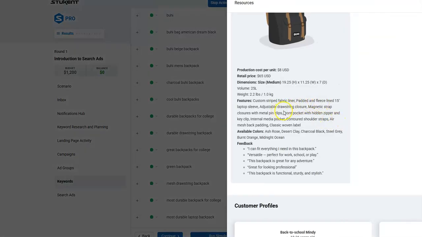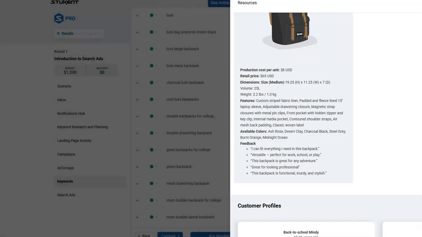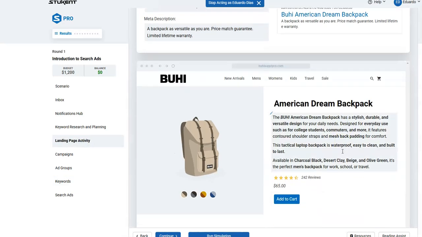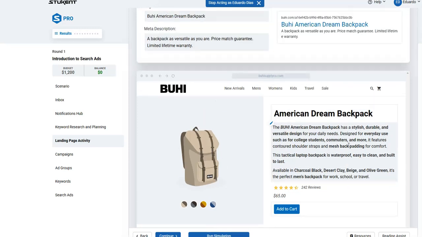Oh, okay, it is a drawstring bag. You were correct, so that's great. Good ad there. It's going to be expensive ads, it's not going to be a lot. So make sure you have college, drawstring, and everything else on your landing page as well. Let's see, you have college, great, features good, waterproof, built in. Okay. I think it's good.